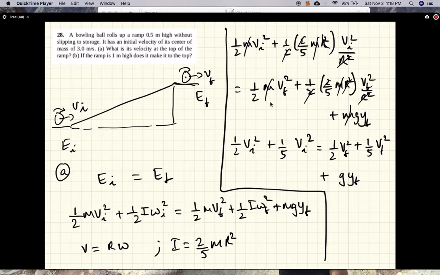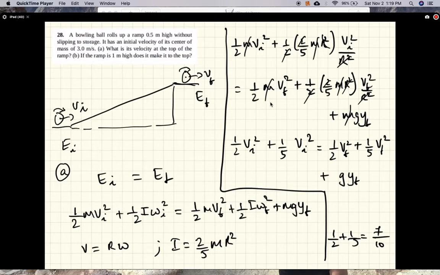All right, 1/2 plus 1/5, let's figure that out. 1/2 plus 1/5 is equal to 5/10 plus 2/10, which is 7/10. So what we have is 7/10 v initial squared equal to 7/10 v final squared plus g y final.